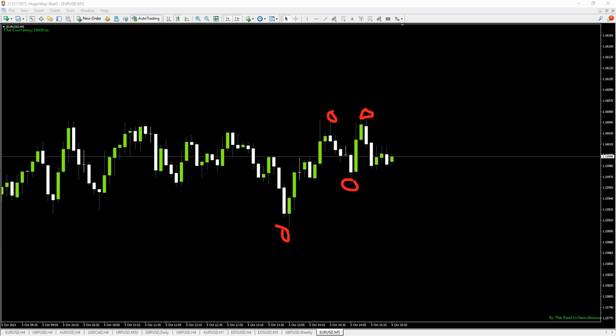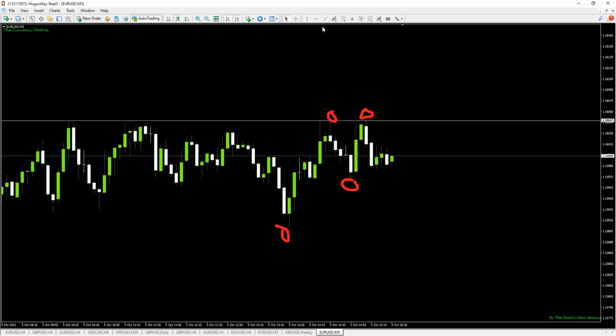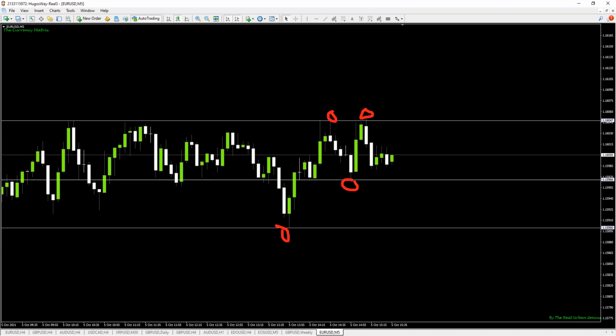With those areas highlighted, resistance, support, double top at resistance, support.